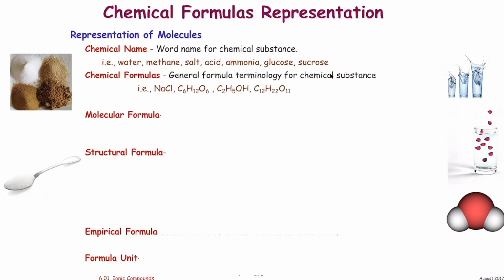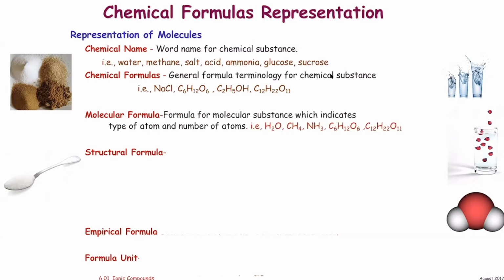Then there's the formula, and the formula tells you the makeup of that particular compound. Water is H2O, 2 hydrogens and 1 oxygen. Methane is CH4. Glucose is C6H12O6. So that's the chemical formula.